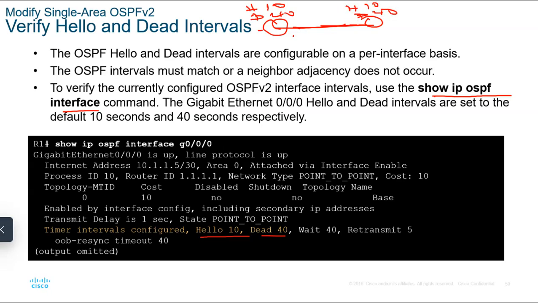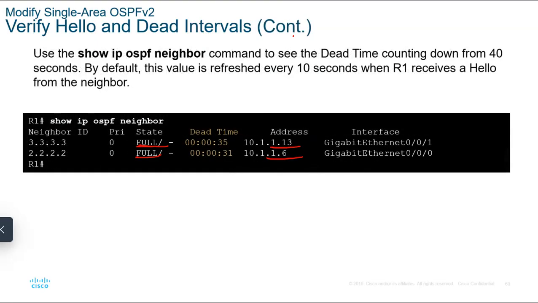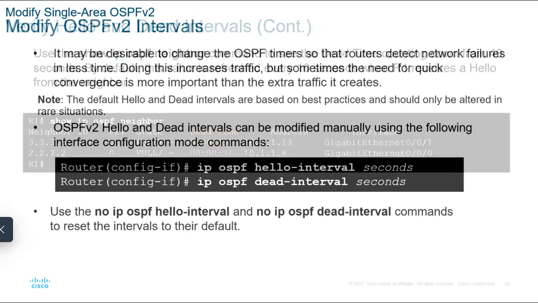If not, there will be a mismatch of those intervals. To verify, still use the command show IP OSPF neighbor. It shows the neighbor on router 1, and the IP address of those interfaces.